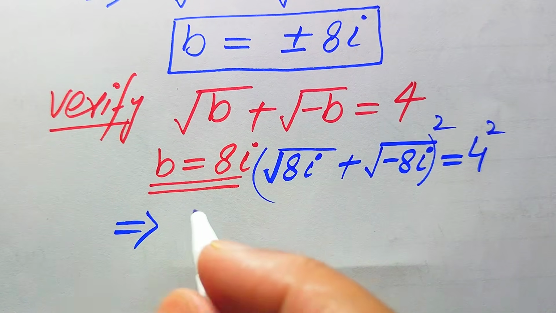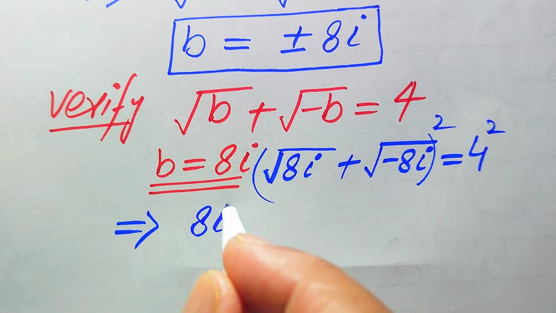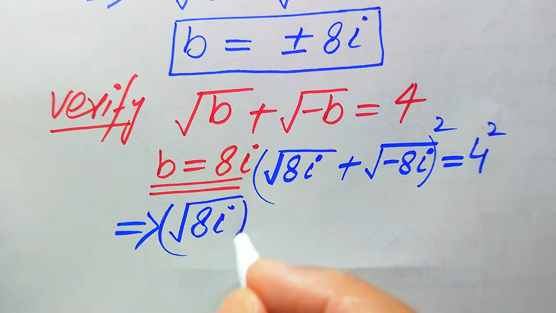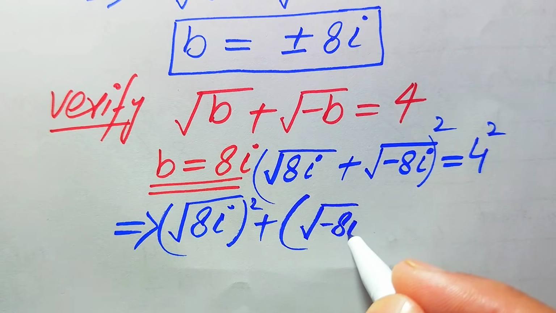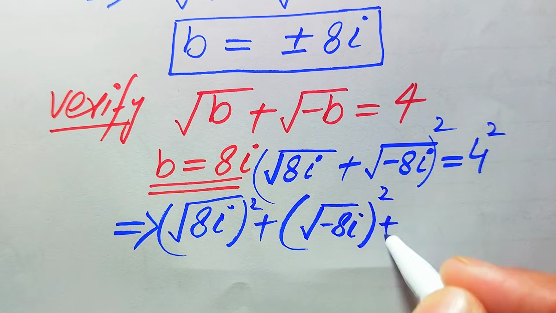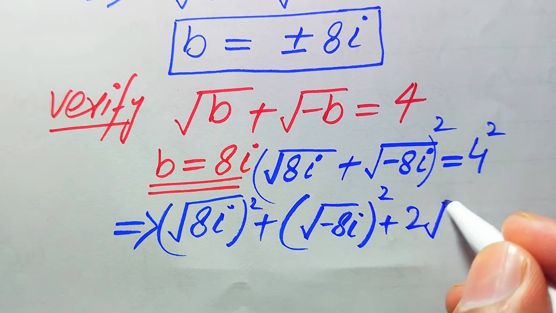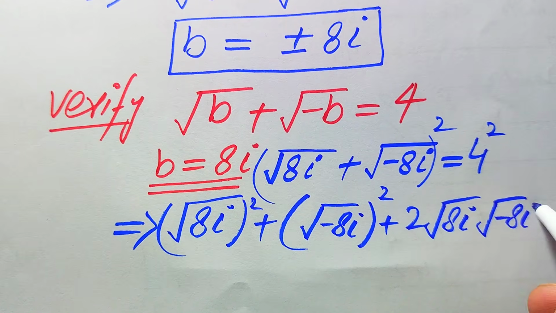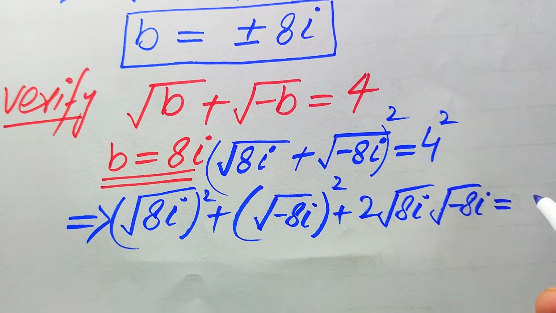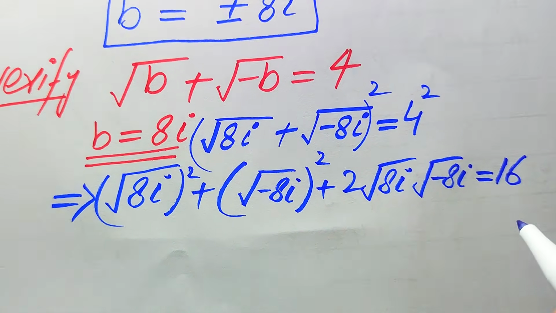Further we use the algebraic formula, so this is written as (√(8i))² + (√(-8i))² + 2 times √(8i) multiplied by √(-8i) = 4², which becomes 16.